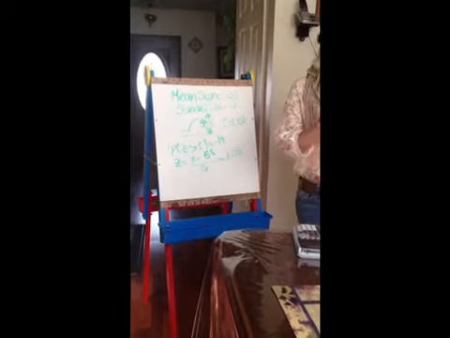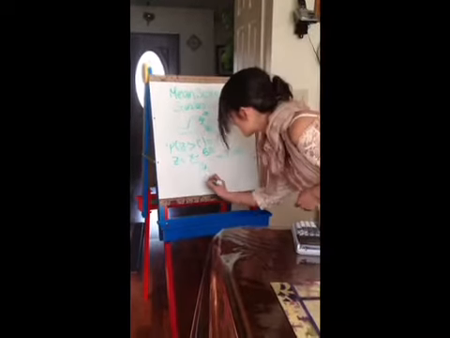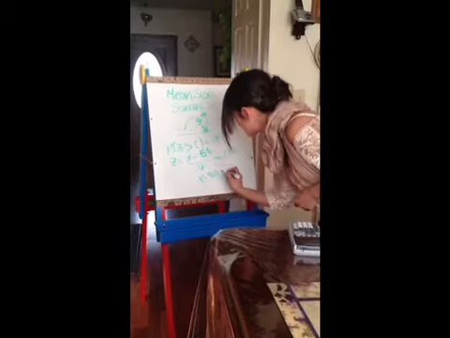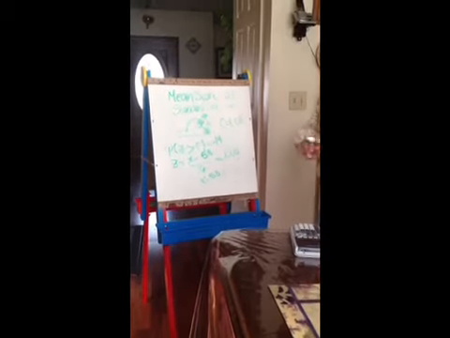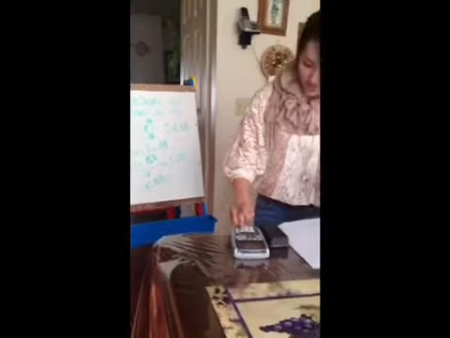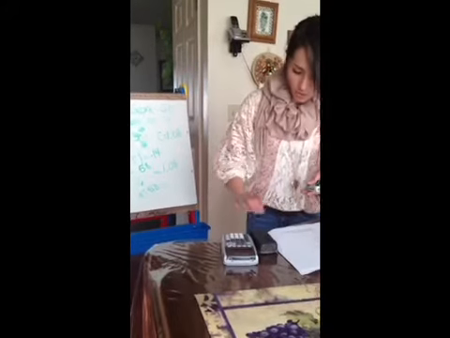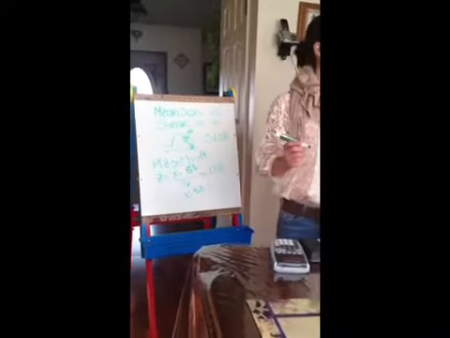We do a little algebra here, so it'll be X minus 58 equals 16 times 1.08, which will be 17.28. Is that what you guys got?